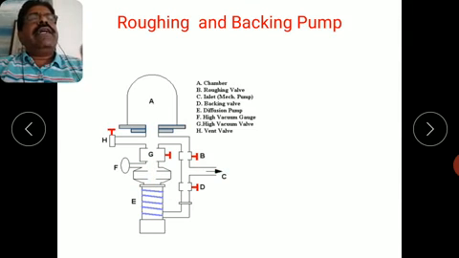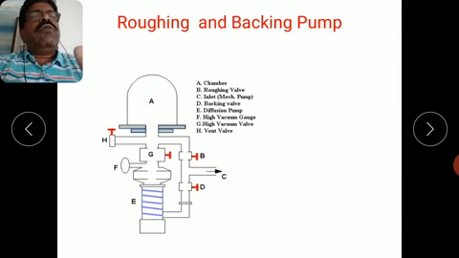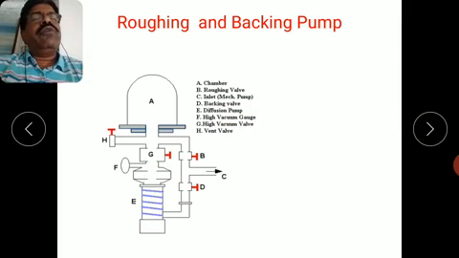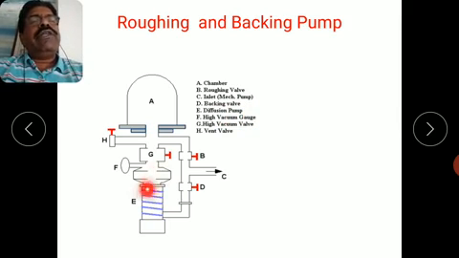Inside this diagram you can see a chamber, the space where you want to create the vacuum. This chamber is connected to the actual high vacuum pump. Suppose E is the diffusion pump, the oil diffusion pump. Later on we are going to study that. That is actually a high vacuum pump.